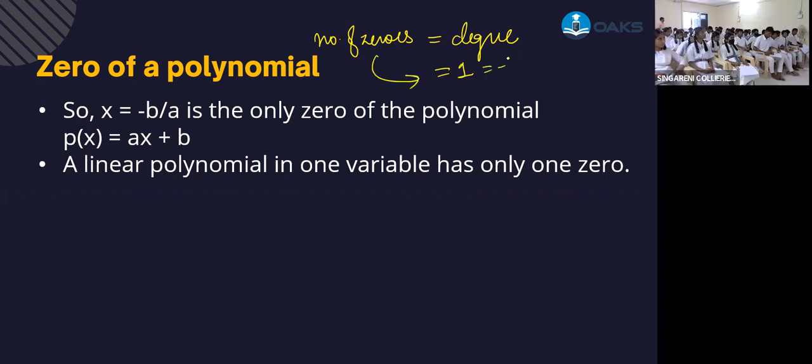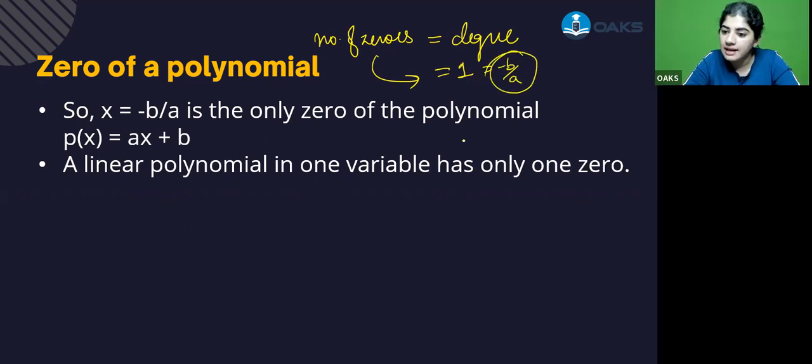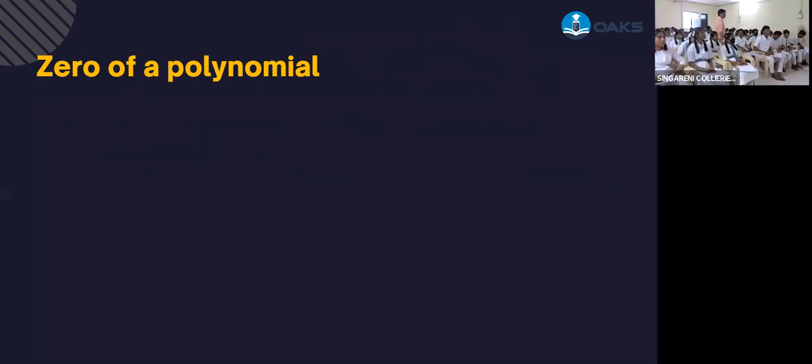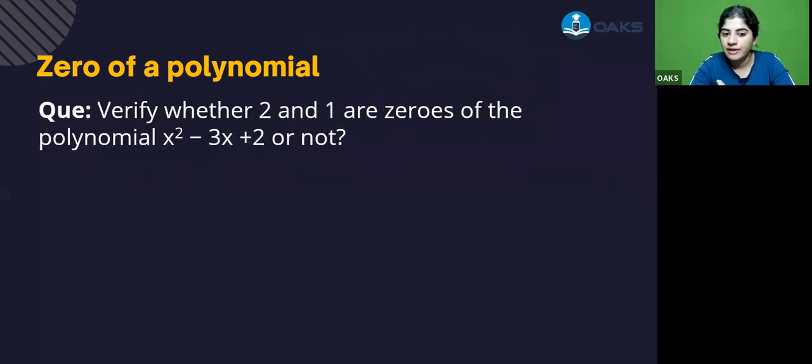And that is equal to minus b by a, that we just calculated, right? So x is equal to minus b by a is the only zero of the polynomial px is equal to ax plus b. A linear polynomial in one variable has only one zero. Clear, everybody?